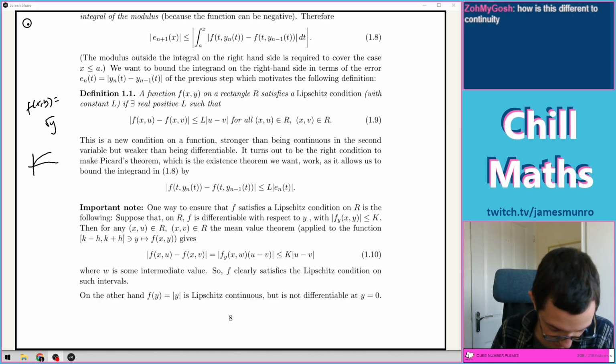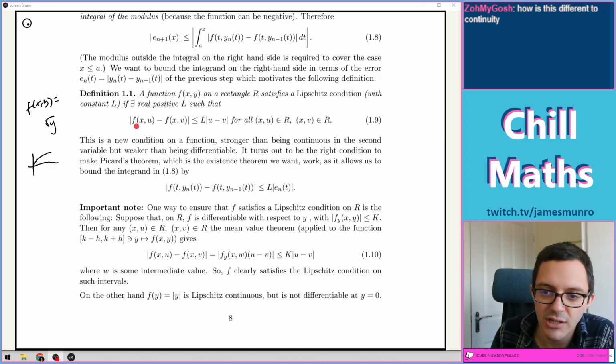Root y is continuous, but there's no number L such that whenever you choose two numbers to put in here, two different values. On this graph it's y, which I know is weird, but whatever.